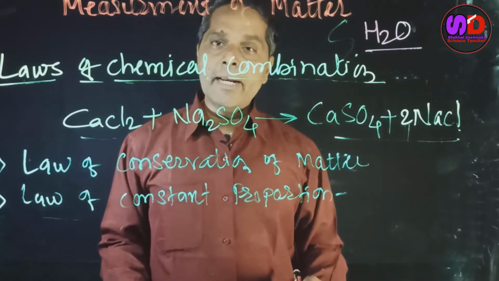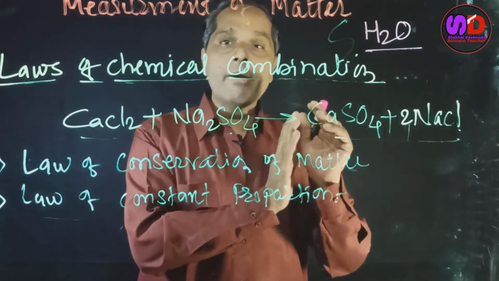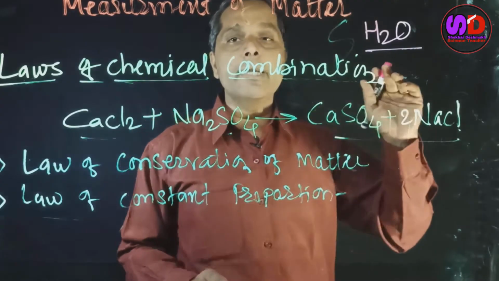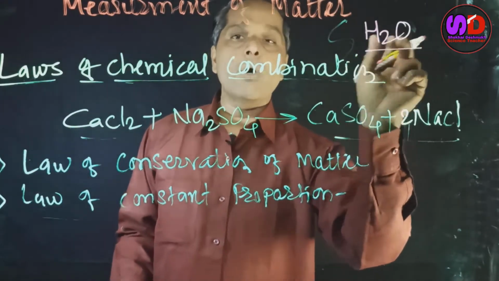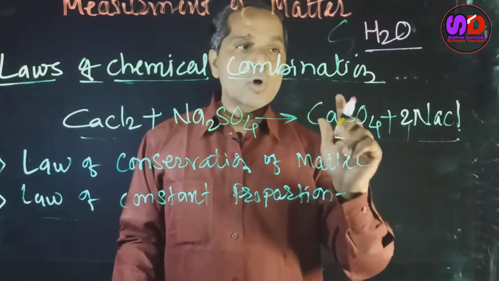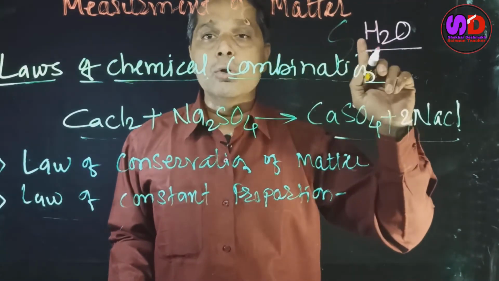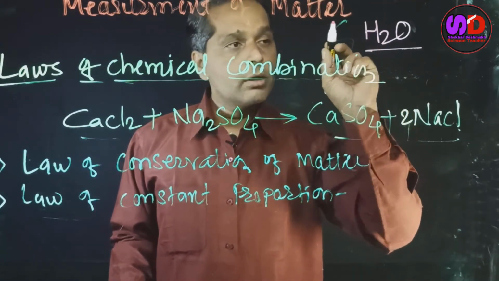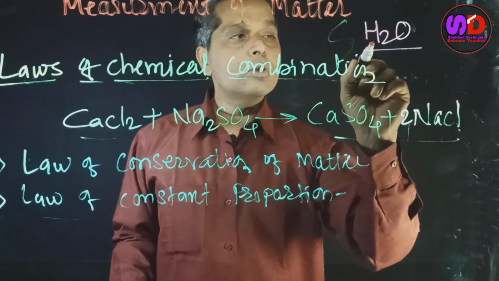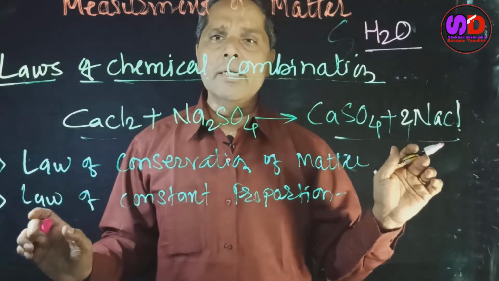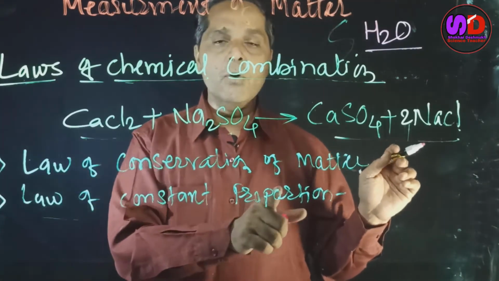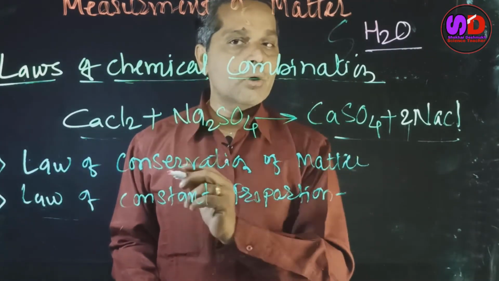What is the meaning of that? The constituent elements here are hydrogen and oxygen. So irrespective of the source, the proportion of hydrogen and oxygen in H2O must be constant. That is nothing but the law of constant proportion.